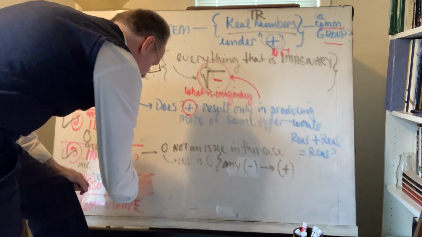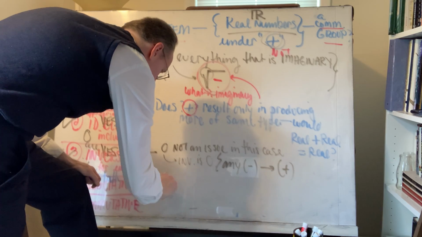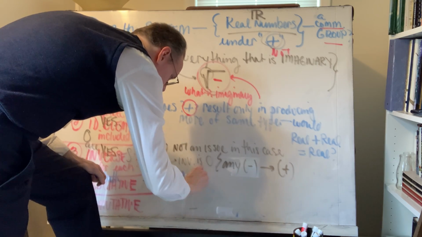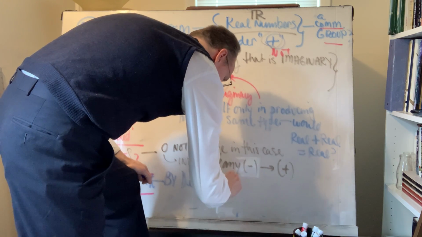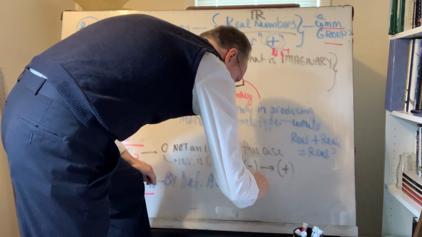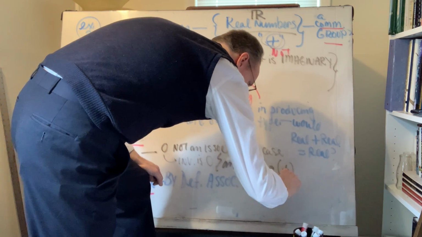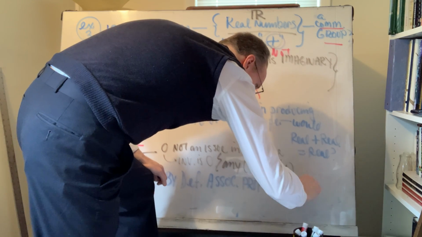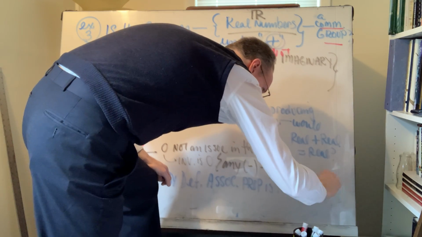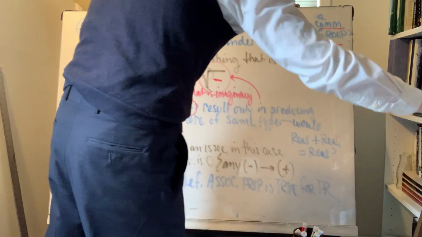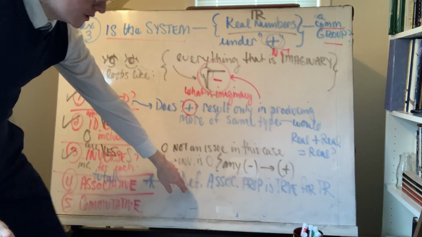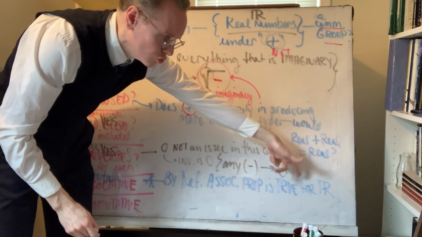But by definition, the associative property is true for all real numbers. I'm sorry, my marker is dying. By definition, the associative property is true for all real numbers.